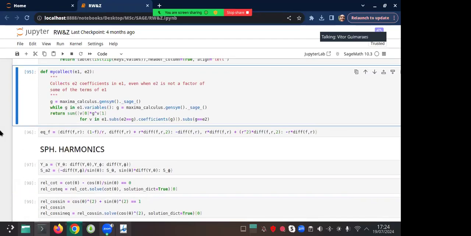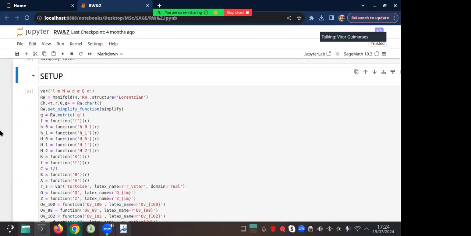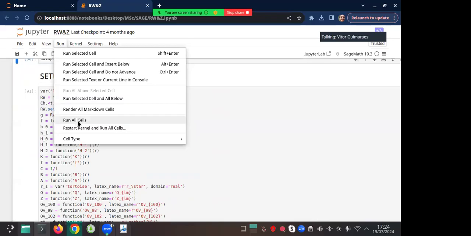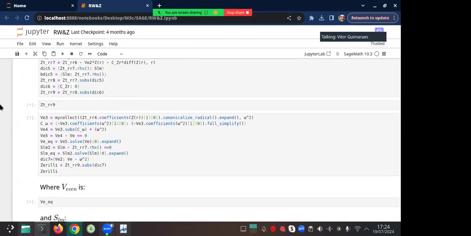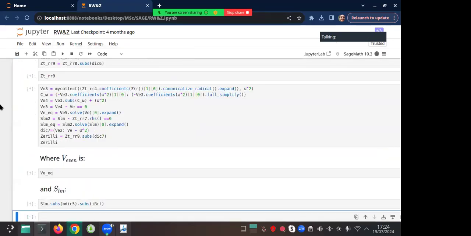Let me run all cells here so that you can really appreciate it. And in the end, as you can see here, we obtain the potential for the even part, and the source SLM is the source function for the even part.